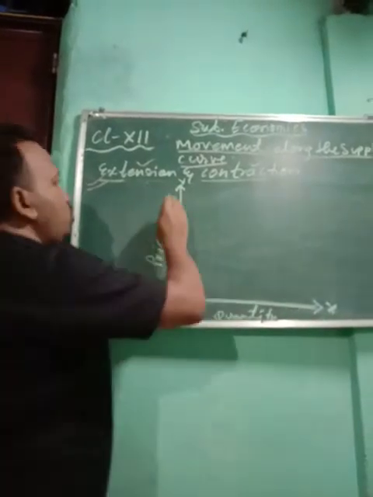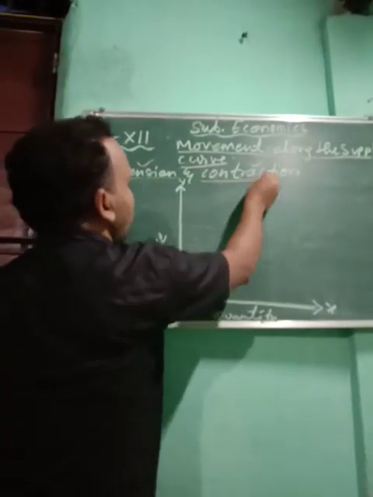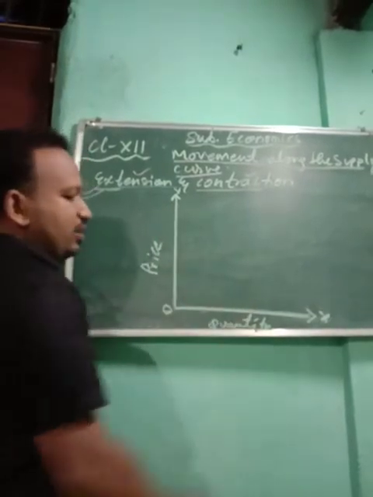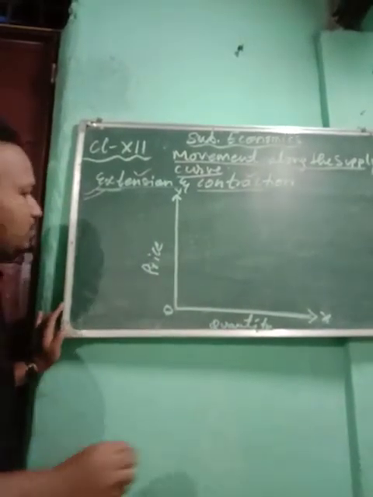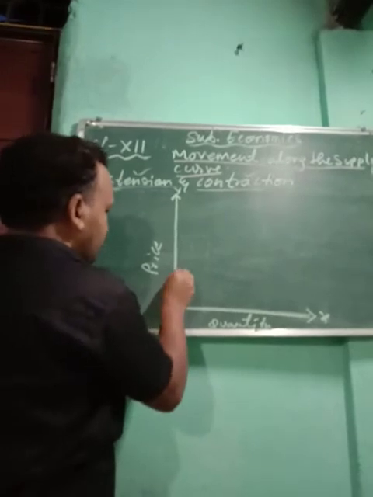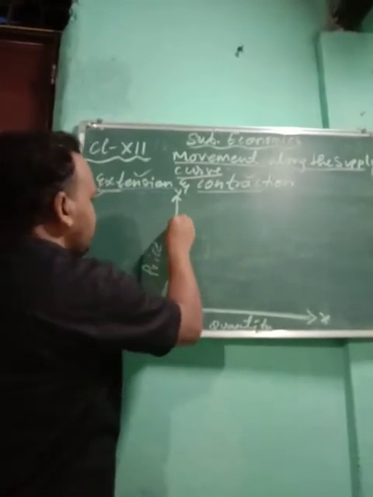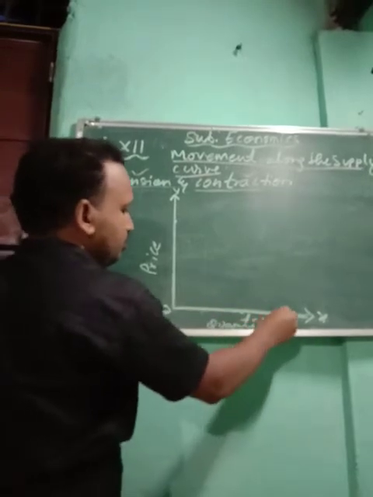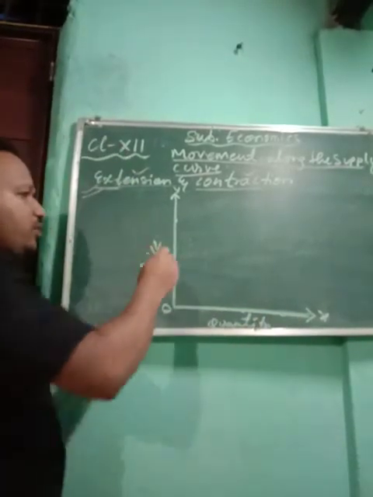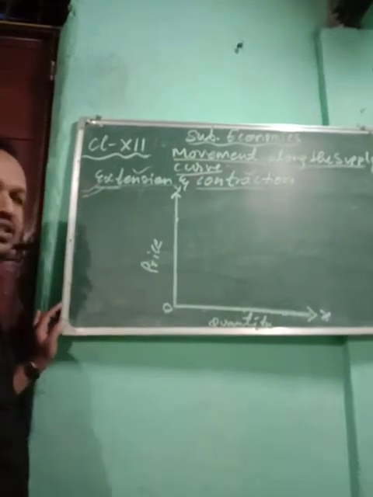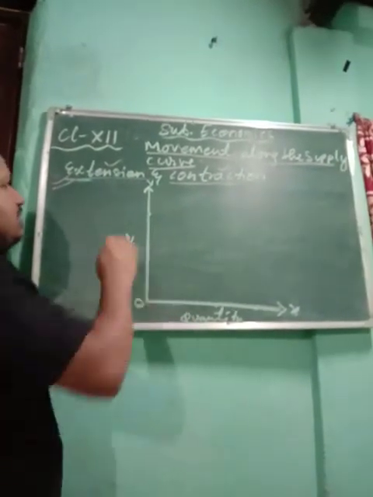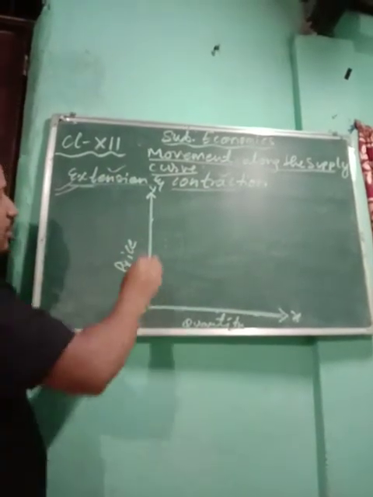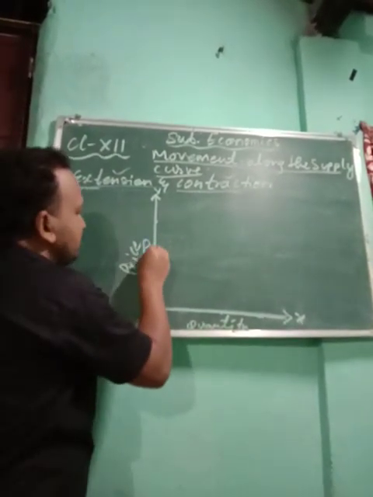When you show extension and contraction together, you have to take 3 prices and 3 quantities, with the middle one as the base. So here I am going to take 3 prices, 1, 2, 3, and quantity also 1, 2, 3. Whenever you show combined contraction and extension, you can also say expansion, take this middle one as the base.